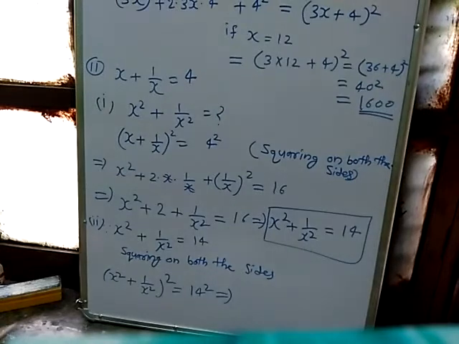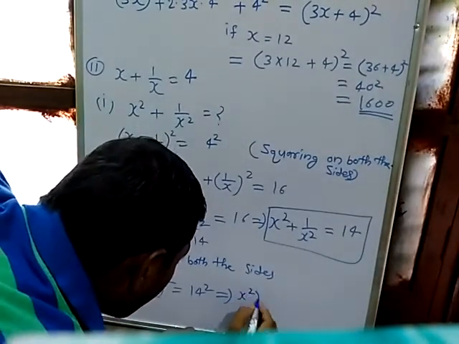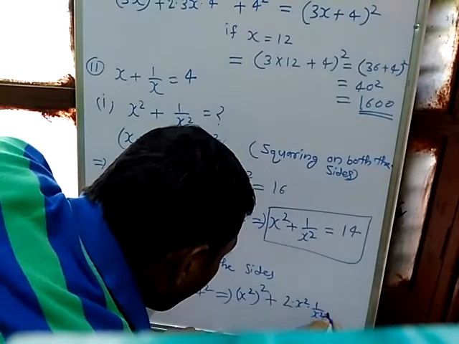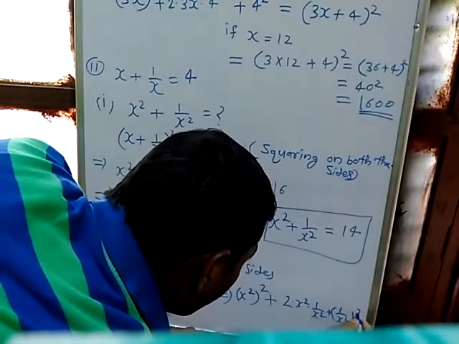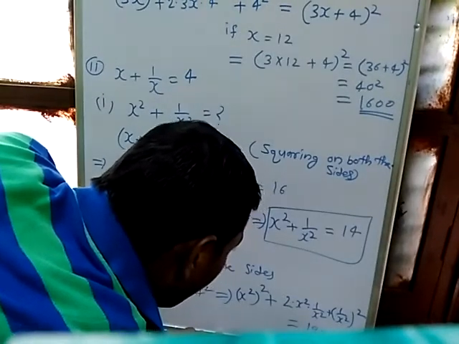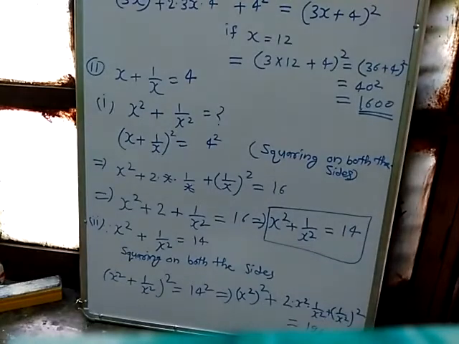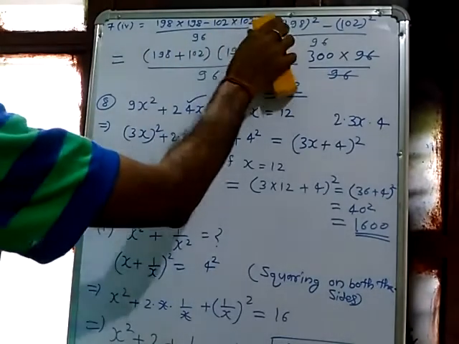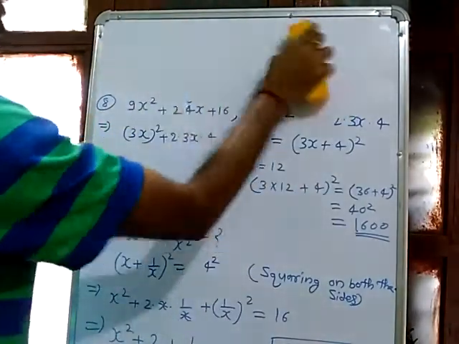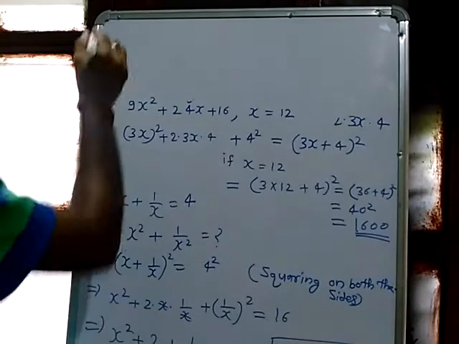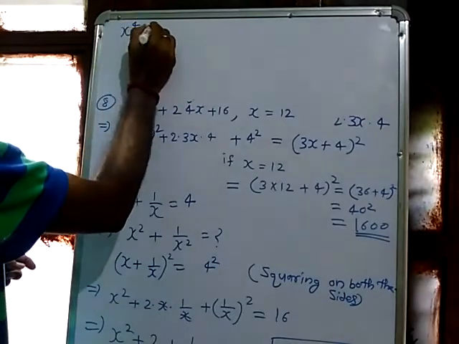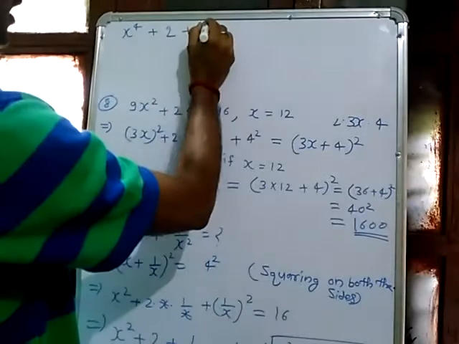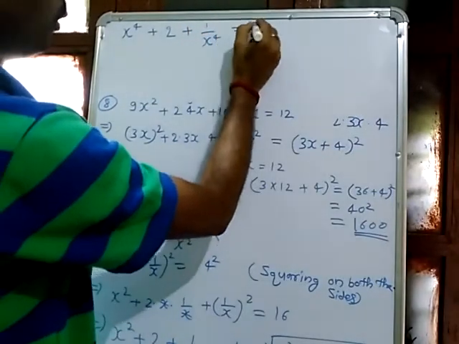Use the identity: a square means x to the power 4, correct, x square's square, plus b square, that is plus, sorry, twice of a into b, plus b square, (1 upon x square) whole square, is equal to 14 square, 196. Then simplify it, and on simplifying you can get the solution. x square whole square is x to the power 4 plus, look here, x square cancels so you will get 2, plus 1 upon x square the whole square, 1 upon x to the power 4, is equal to 196.